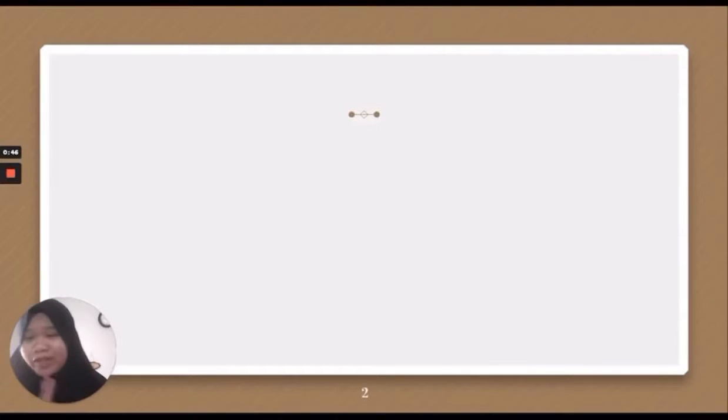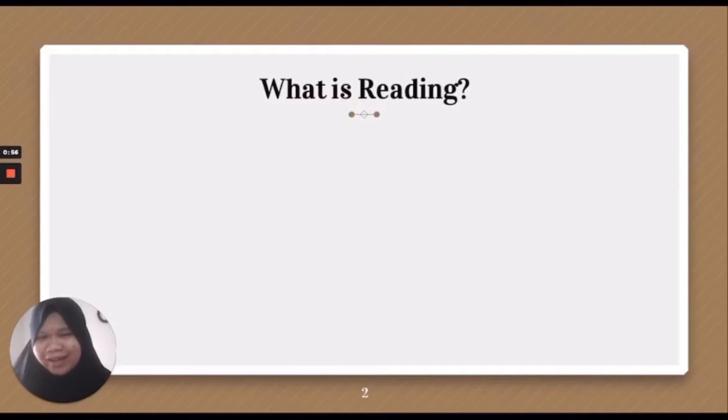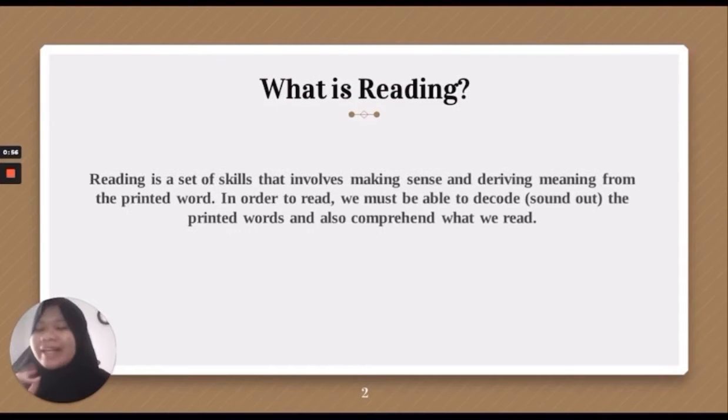Before we know about reading for young learners, we have to know first, what is reading actually? So here, reading is a set of skills that involves making sense and deriving meaning from the printed word. In order to read, you must be able to decode or sound out the printed words and also comprehend what we read.